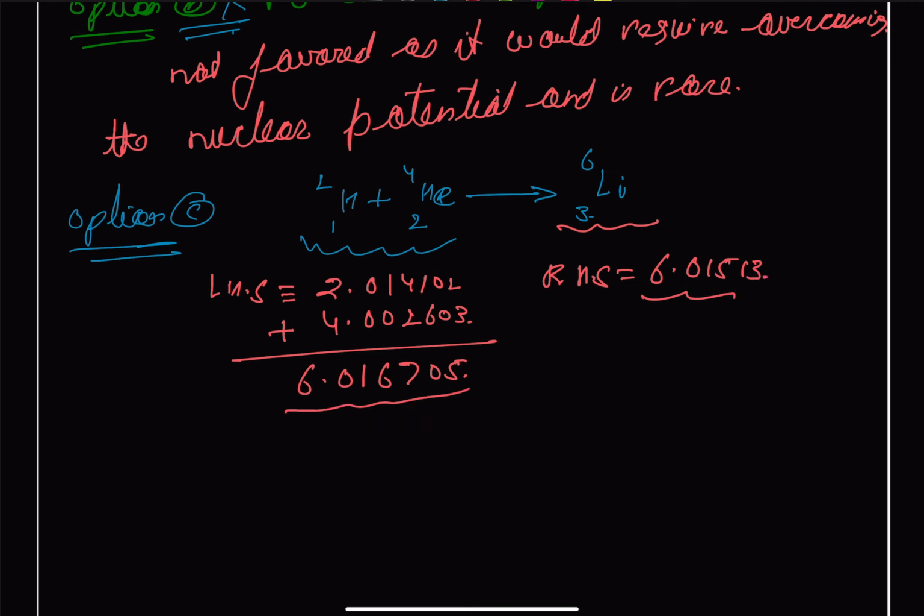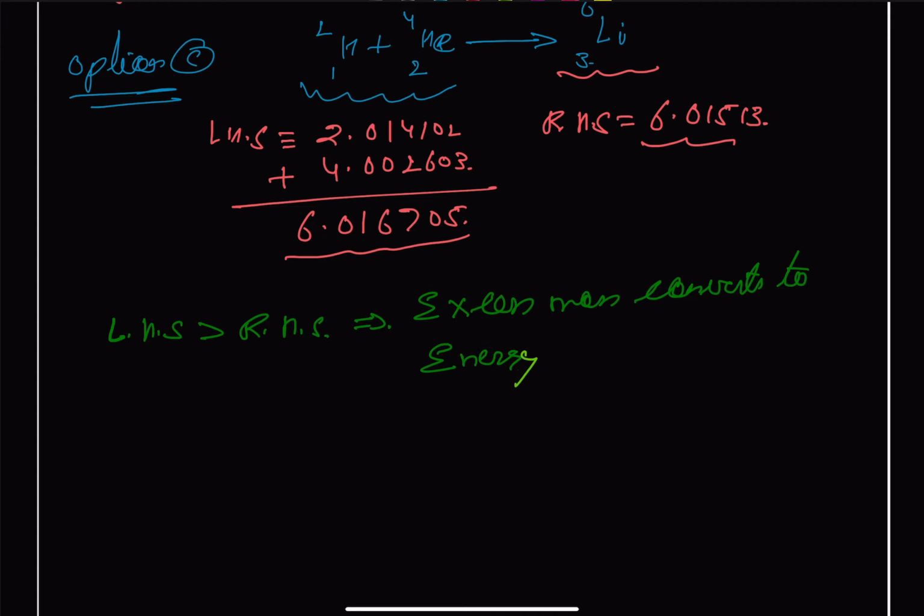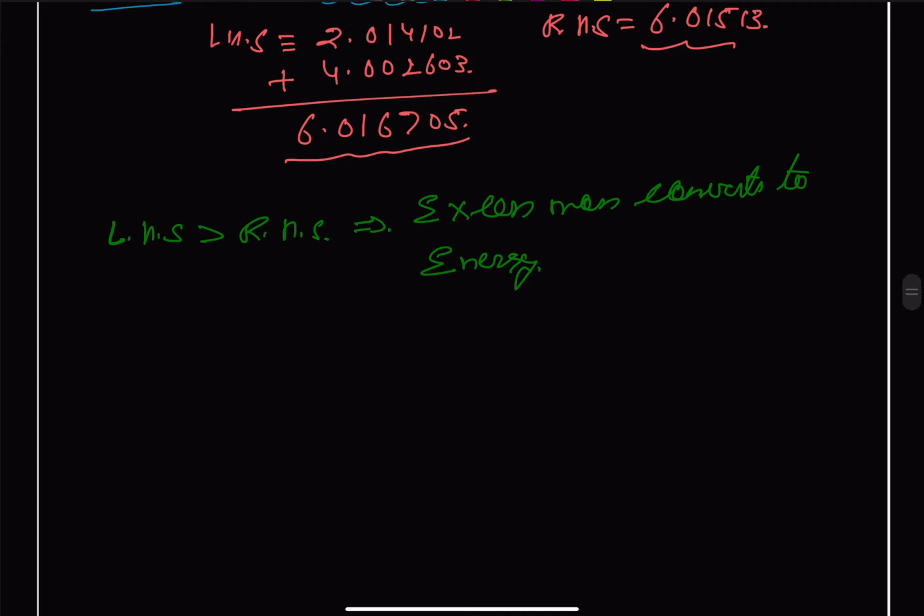So if we make a comparison, we can clearly see that our left hand side is greater than our right hand side, or basically we can say that excess mass converts to energy, which basically means that fusion is allowed. Therefore, option C is correct.